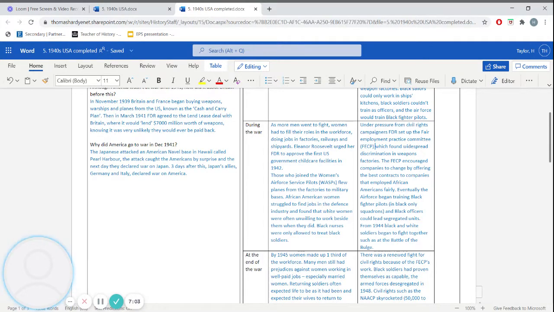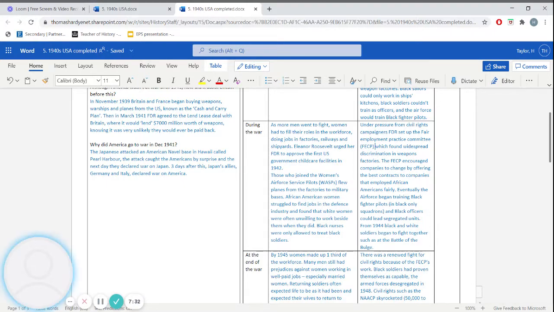So what changed during the war? Under pressure from civil rights groups, FDR set up the Fair Employment Practice Committee, or the FEPC, to have a look at the discrimination that the civil rights campaigners were complaining about in weapons factories. The FEPC found widespread discrimination in these factories where African Americans were employed in lower percentages.